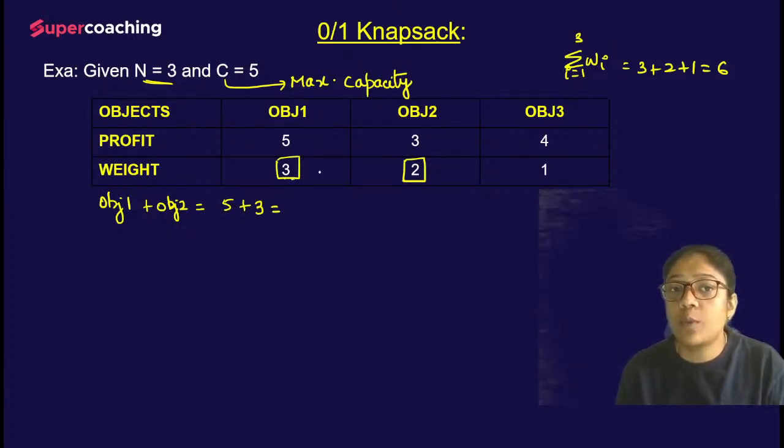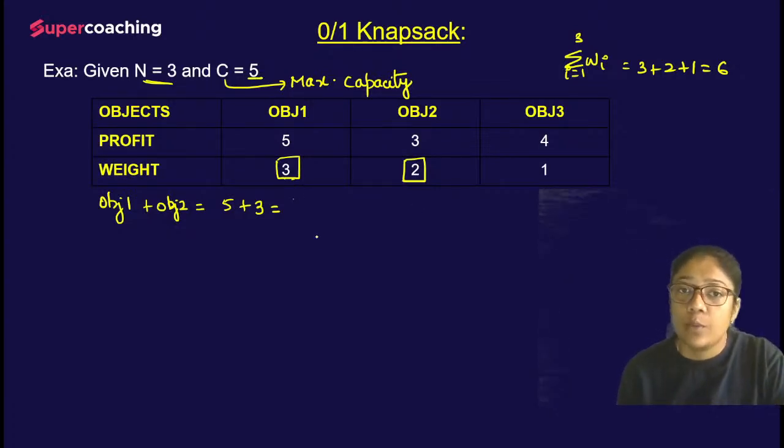We can take these two objects, right? Because the maximum capacity is 5, 3 plus 2 is 5. So it is returning the profit as 8, and here the capacity becomes 0. Whereas if I take object 1 plus object 3, can we take these two objects?